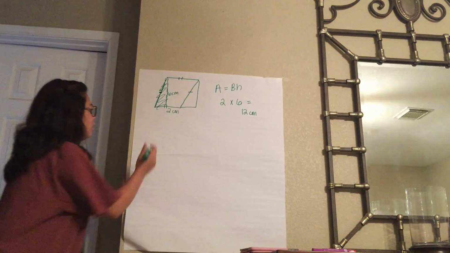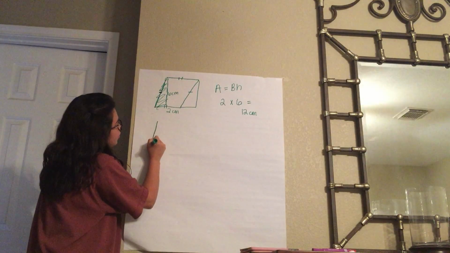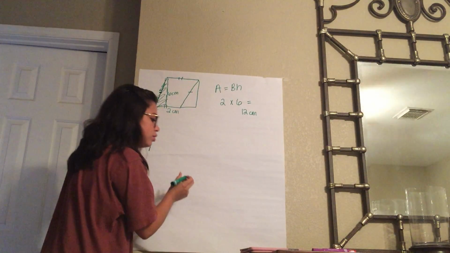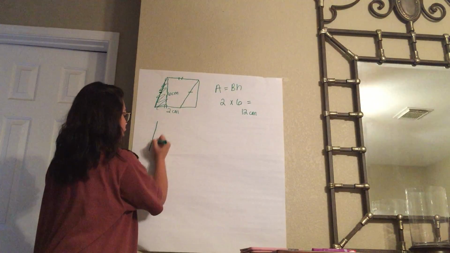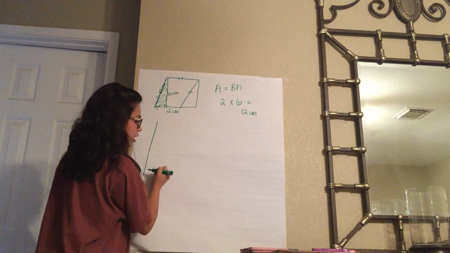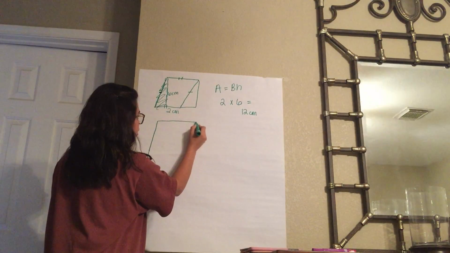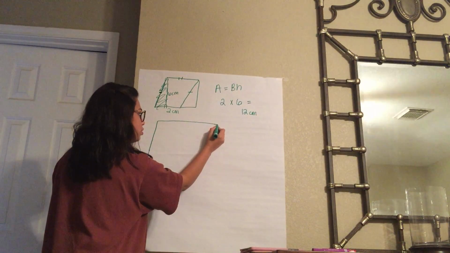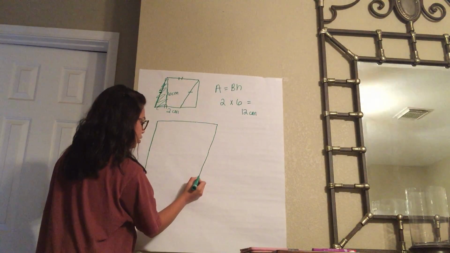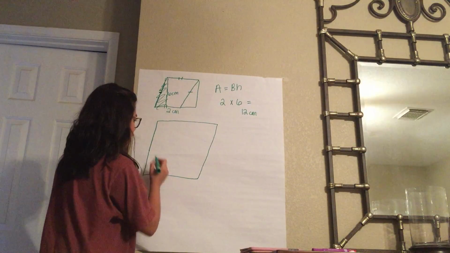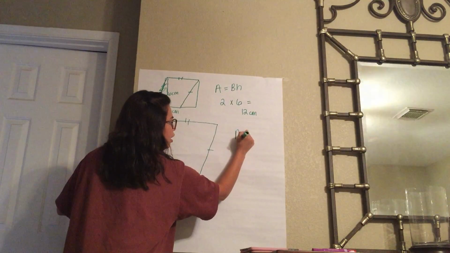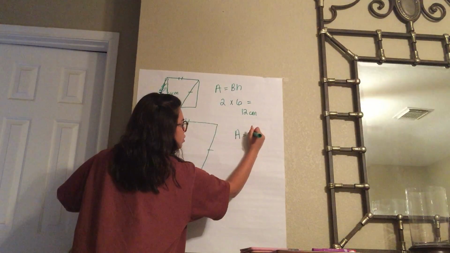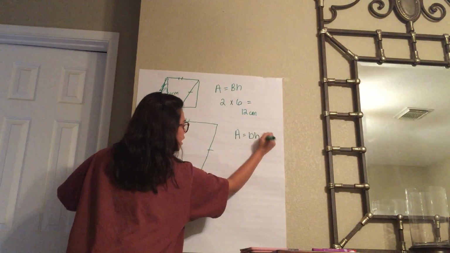Let's try another one. This one's going to be a longer one. No, a taller one. This is our height. And then it's not going to be as long. Alright, so remember these are the same. These are the same. Area equals b times h.